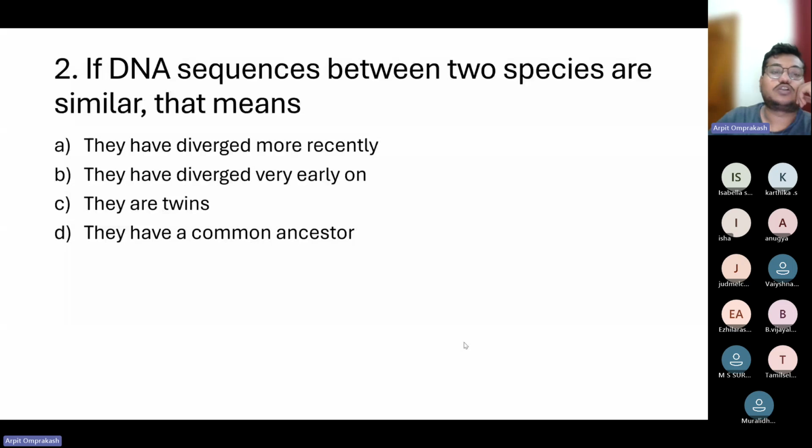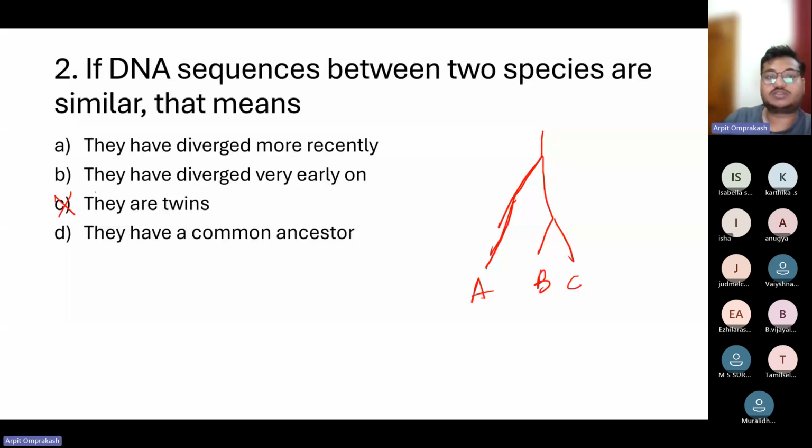Okay, we'll go through all the options. So the question is, if DNA sequences between two species are similar. For example, let's say we have a tree like this. We have A, B, and C. So option C, they are twins, is false because two species cannot be twins.